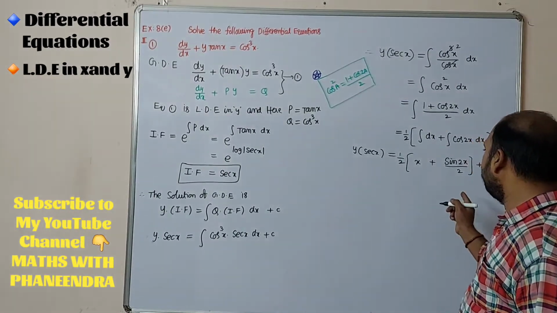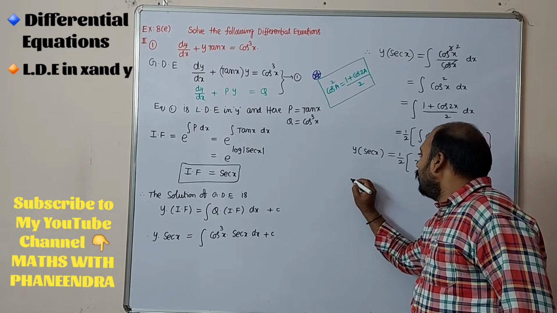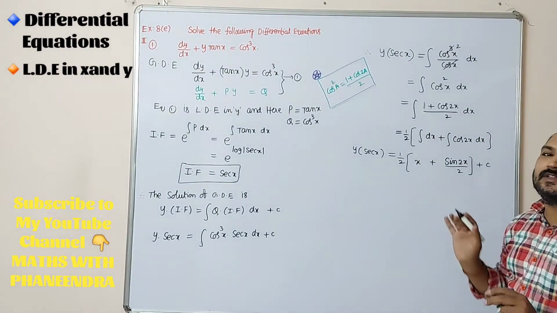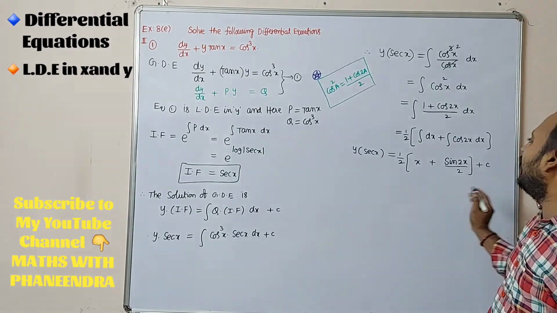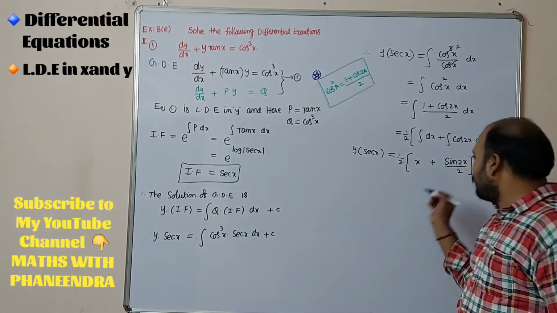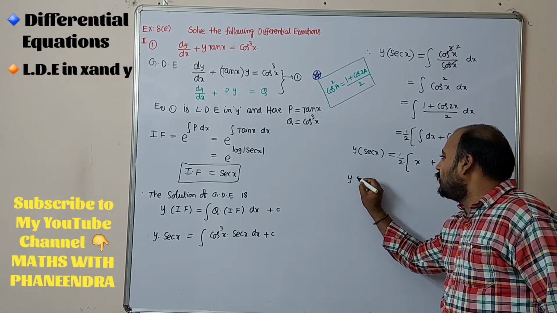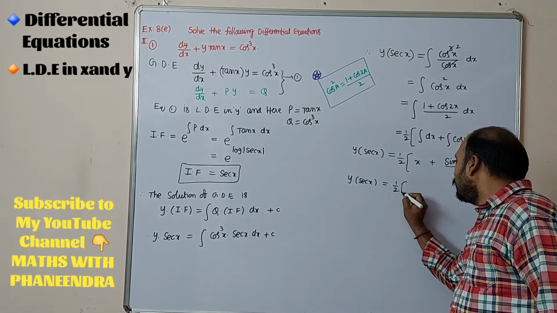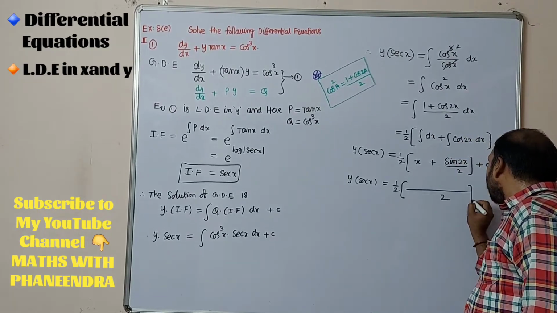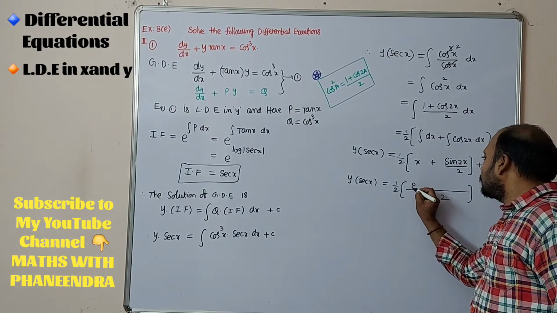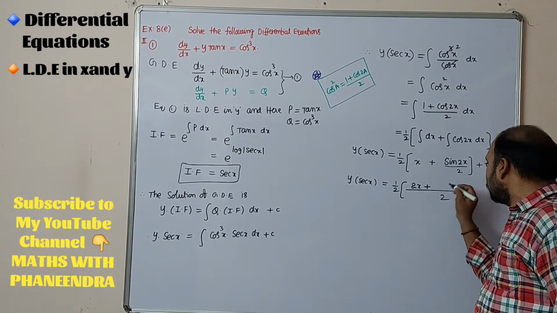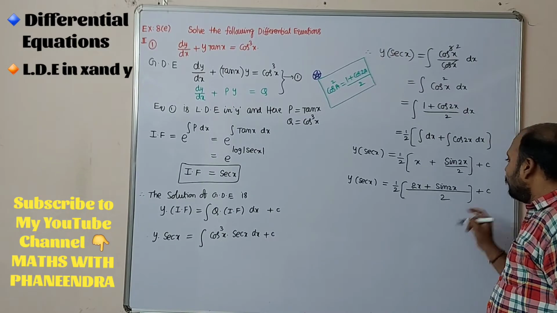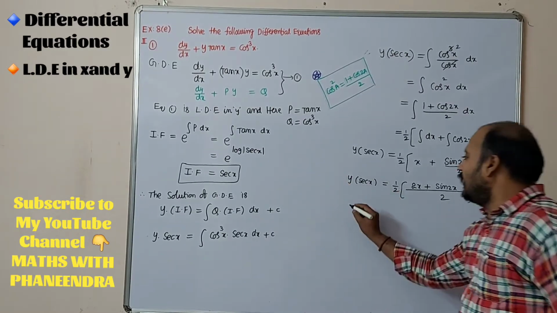Here, if you want to take LCM, you can take it. Otherwise, you can leave it like this. Nothing will happen, no need to simplify. But better to take LCM. y into secant x is equal to 1 by 2. Here already 2 is there, 2x plus sine 2x plus c. 2 twos are 4, we can take here.